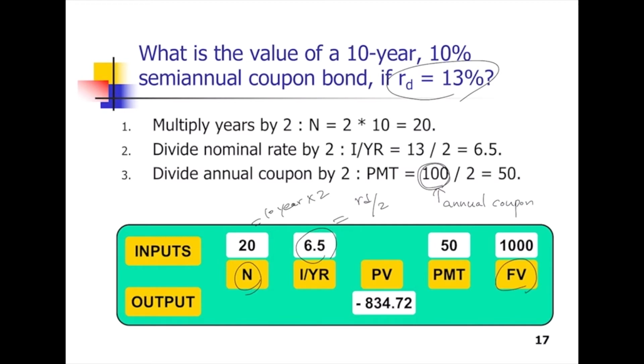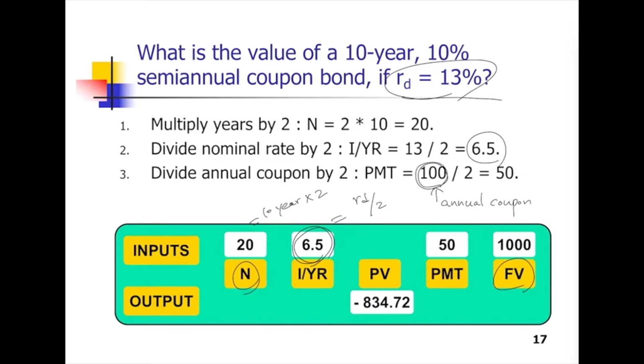And some students might ask a question about this 6.5. Suppose we draw a timeline simply: 0, 6 months, 1 year. We get 50-50, but it is different from this: 0, 100, but the rate is 13%.